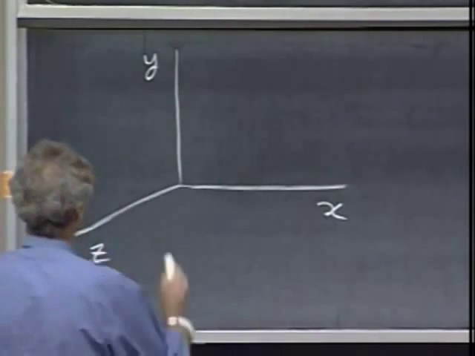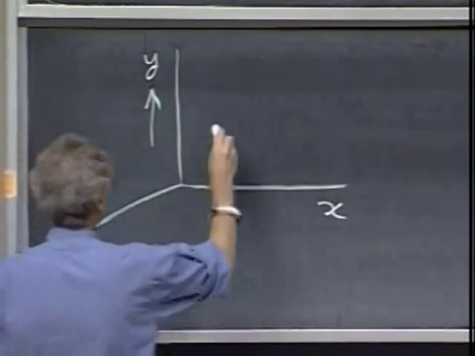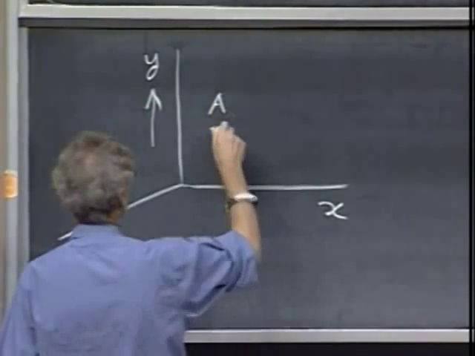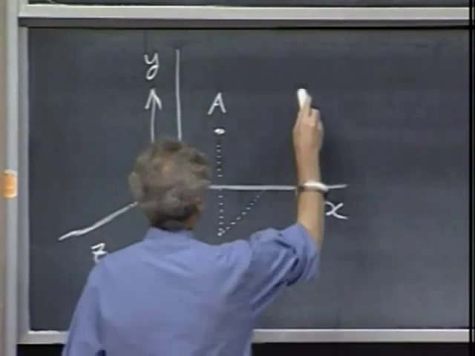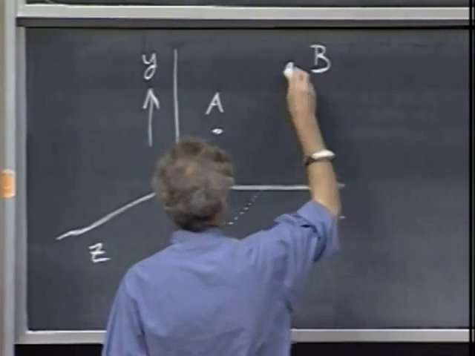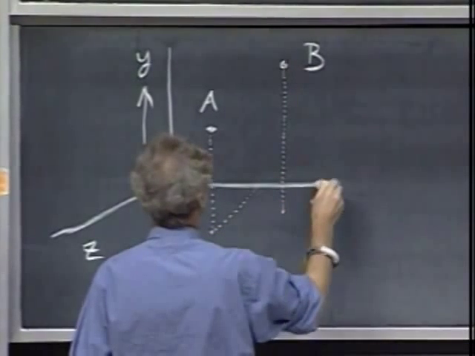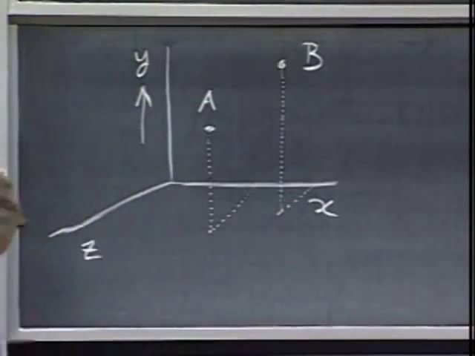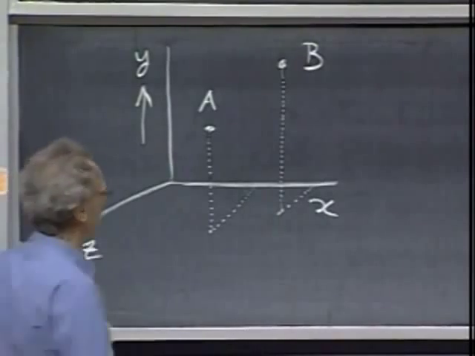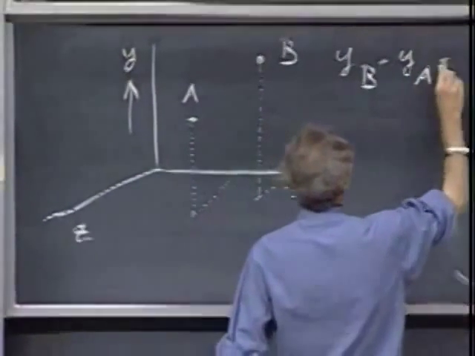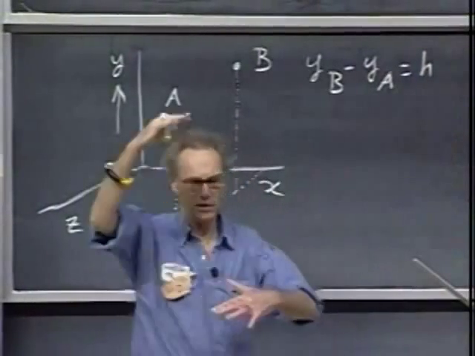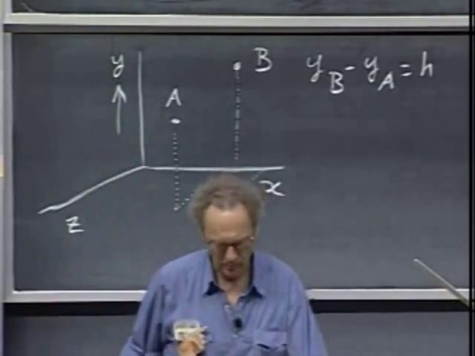And there is here, this is the increasing value of y, and there's here point A in 3 dimensions, like this, and there is here point B. So you get a rough idea about the 3 dimensions. And y of b minus y of a equals h. That's a given. So there's a height difference between a and b.